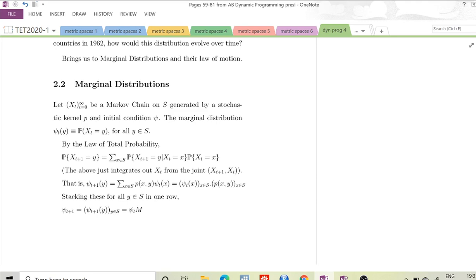The probability that at time t, the state X_t is equal to a certain y, that's a marginal distribution. And because this is a Markov chain, we can look at the marginal distribution in the following terms, that the probability that X_{t+1} is equal to y, right?